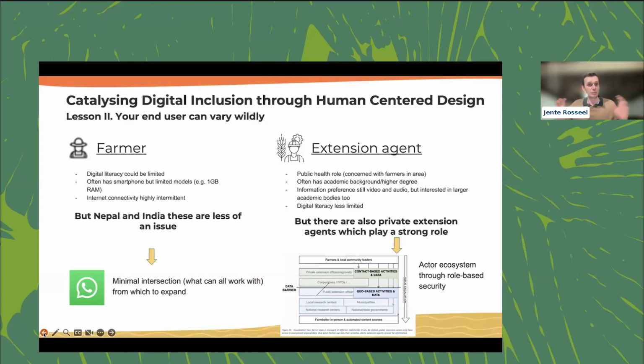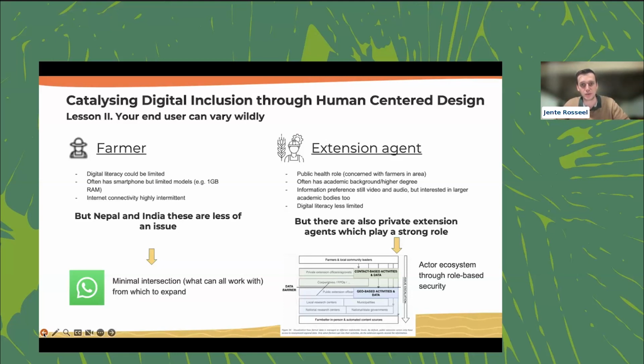A public extension agent cares about all farmers within the geographical area because they have that public mandate. A private extension agent is most often self-employed, earns money, for example, on offering advice to farmers on sourcing inputs. So they are much more privacy concerned than a public agent. They want to shield their farmers. So you also have to look at, with all of these different users, how can I plug them into that single ecosystem?